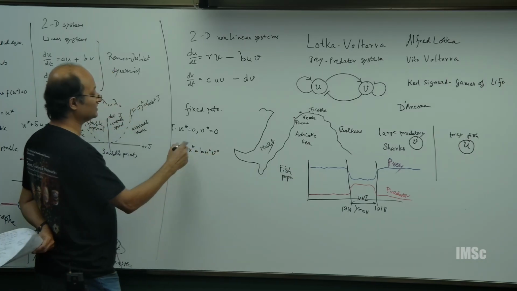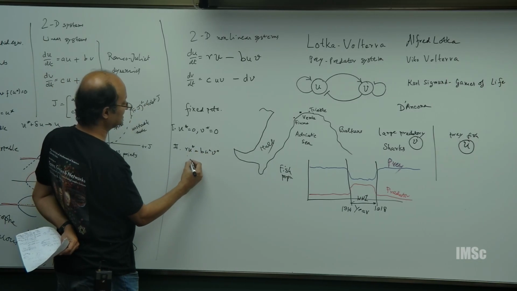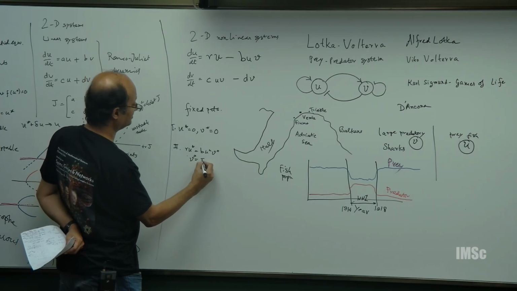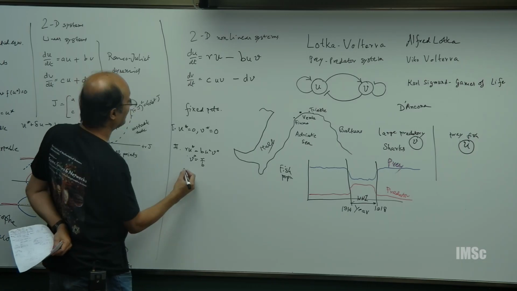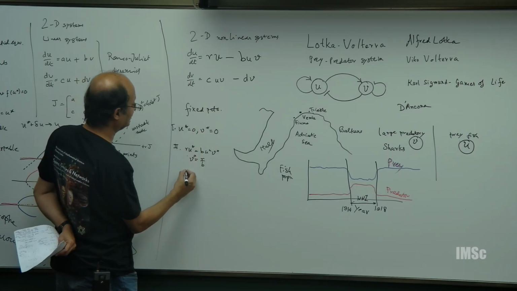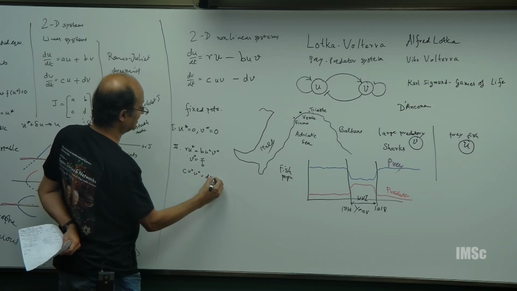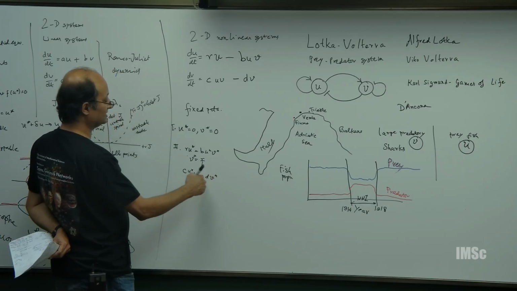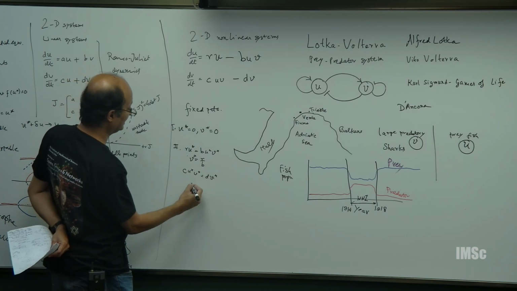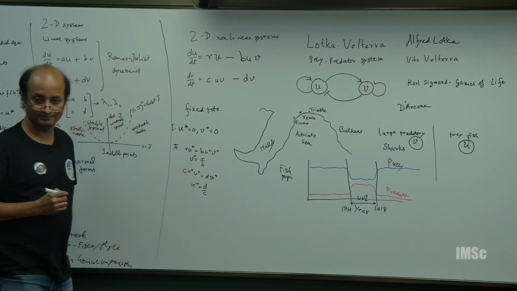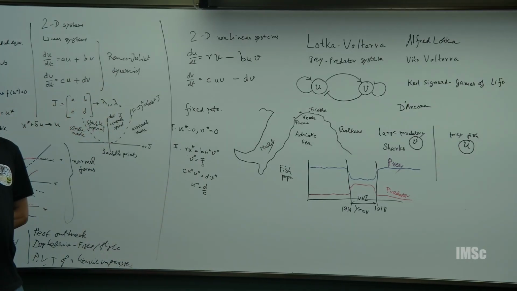Since u star is not equal to 0, I can say that v star equals R by B. Similarly, C u star v star equals D v star, and since v star is not equal to 0, I can cross it out and get u star equal to D by C. This is the second.